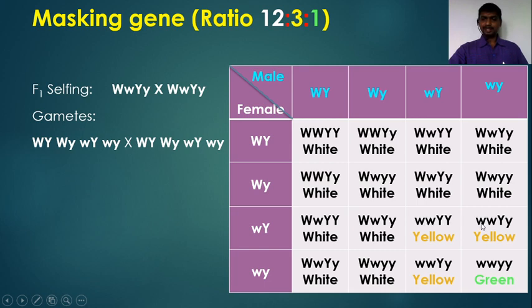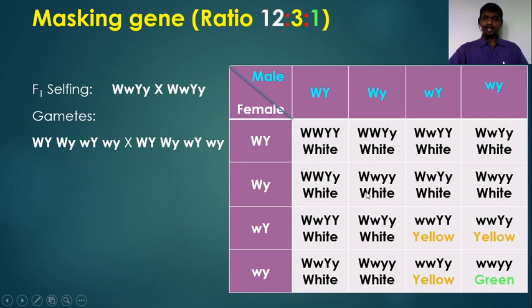Similar is the case in this genotype also, this W is recessive. So Y gets expressed, and it produces the yellow phenotype. Here also this W is recessive, so it produces the yellow phenotype. Otherwise it produces the white phenotype. Here also this W is capital, meaning it is dominant, so it produces white. Here also it masks the phenotypic expression of the non-allelic gene capital Y, so the phenotype is white.